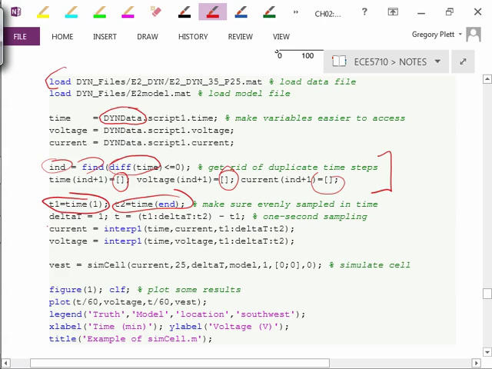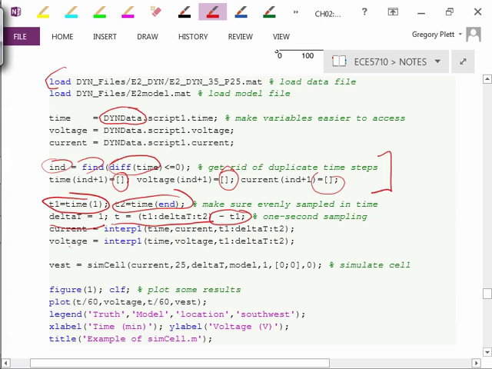I would like a sample rate of 1 second, and so I create a desired time output vector, which goes from T1 to T2 in steps of delta T, but I'd also like to start at time 0, so I subtract T1 from the result.